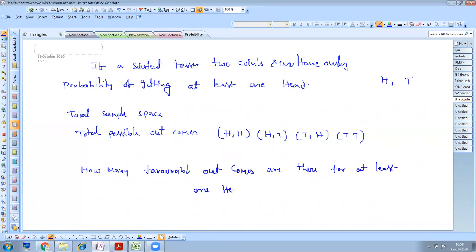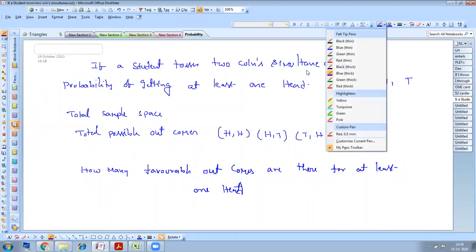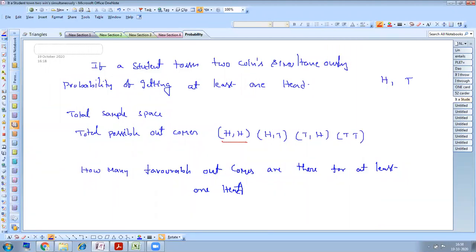At least one head means what are the things you can take here? I need at least one head. So this is possible, and this is also possible. So the probability is 3/4. At least one head means it may be one head or two heads. So there are three favorable outcomes.